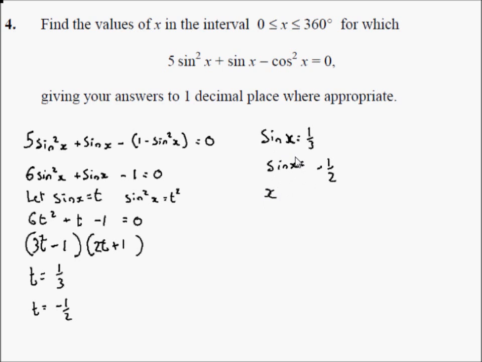So if sin x equals a third, you've got x equals 19.5, 3 decimal places, and then sin x equals minus a half, got minus 30 of course. Minus 30 isn't in the region, but what is x equals 180 minus 30 equals 210.